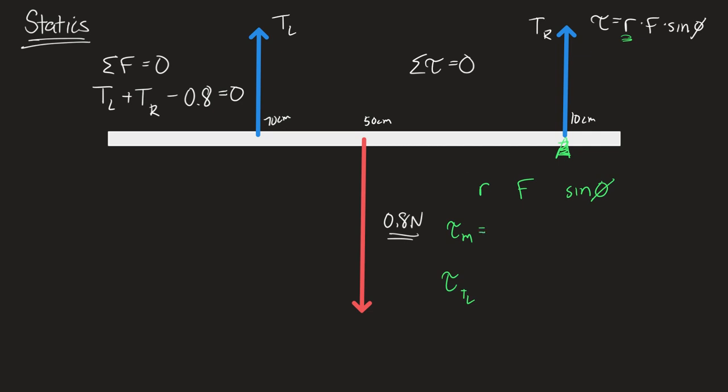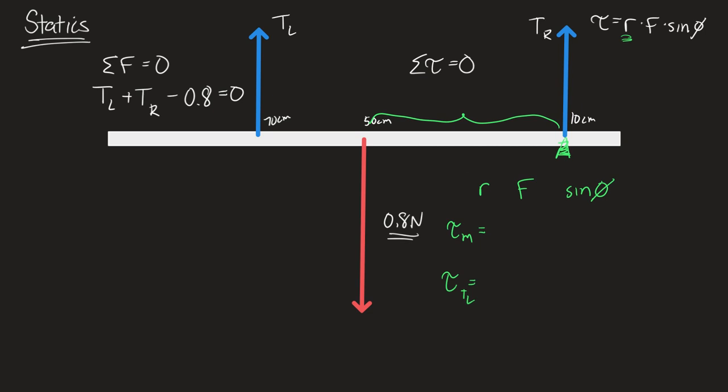So with each torque, we have to list the length of the torque arm, the size of the force, and the sine of the angle. I've tried to make all the angles 90 degrees, but we still have to go through and do the torque arms. So this is our first force, the meter stick. What is this length? 40.